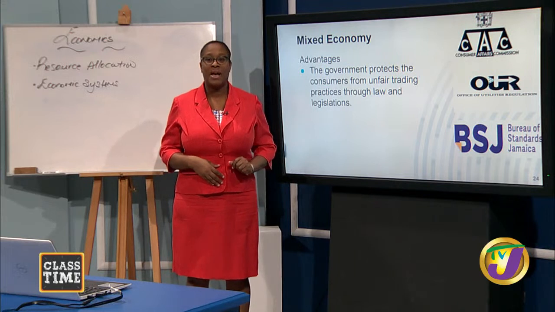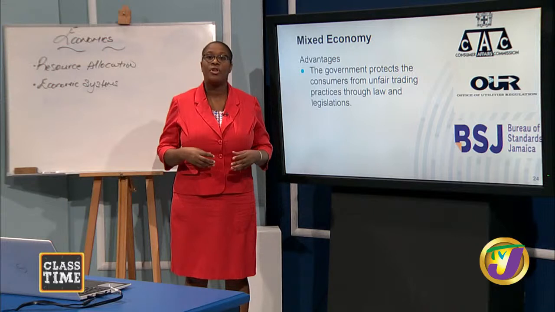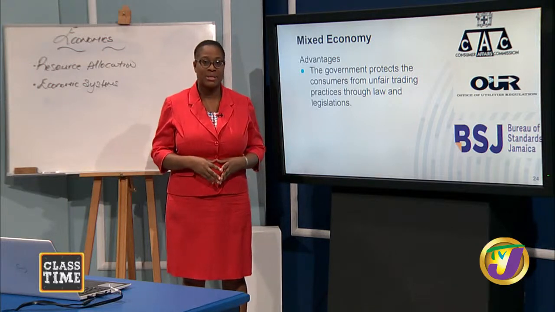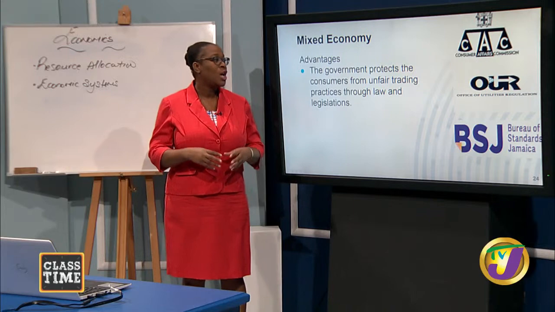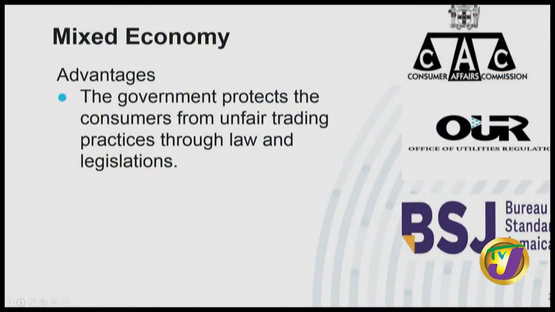Now, what are some of the advantages? Because we have the involvement of the government in this economic system, they provide protection for consumers against any form of unfair trading practices through laws and legislation. I just put a few there on the screen. We have what we call our Consumer Affairs Commission. We have the Office of the Utilities Regulation, the OUR, and we have our Bureau of Standards of Jamaica.